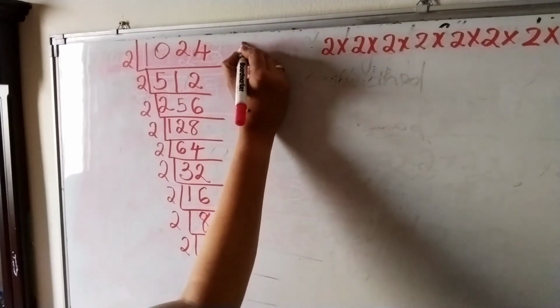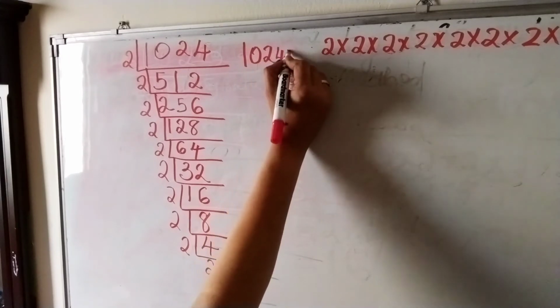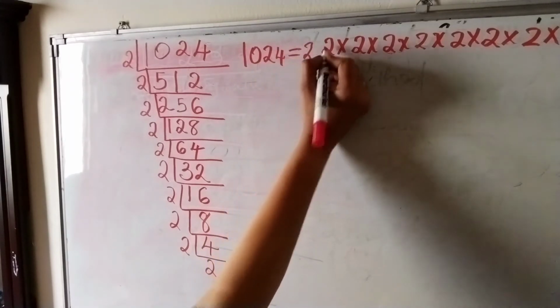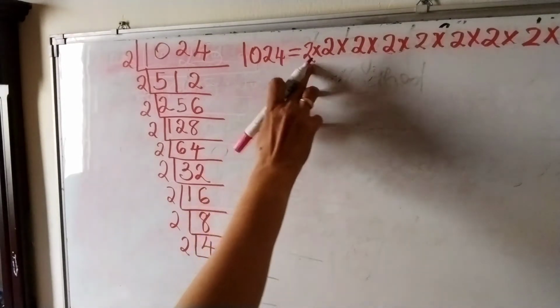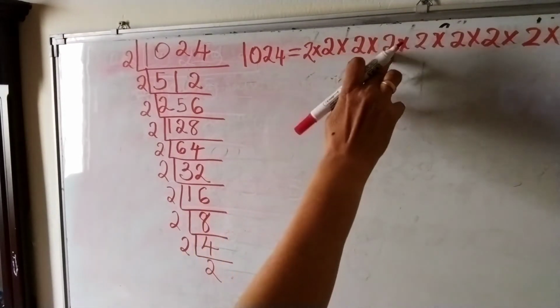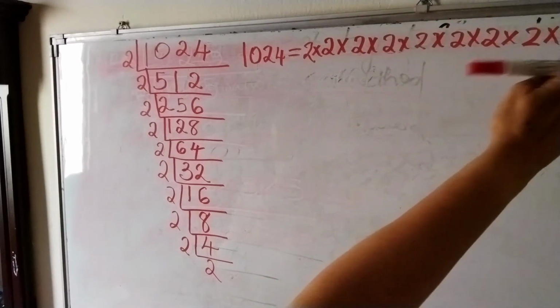We have to write like this. 1024 is equal to 2 into 2 into 2 into 2 into 2 into 2 into 2 into 2 into 2 into 2.